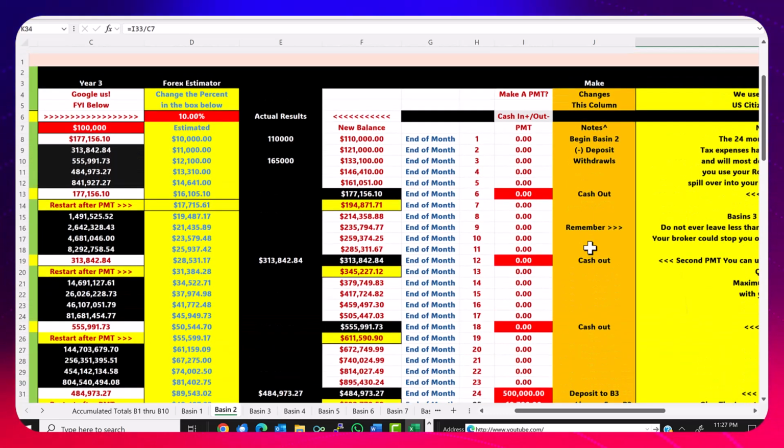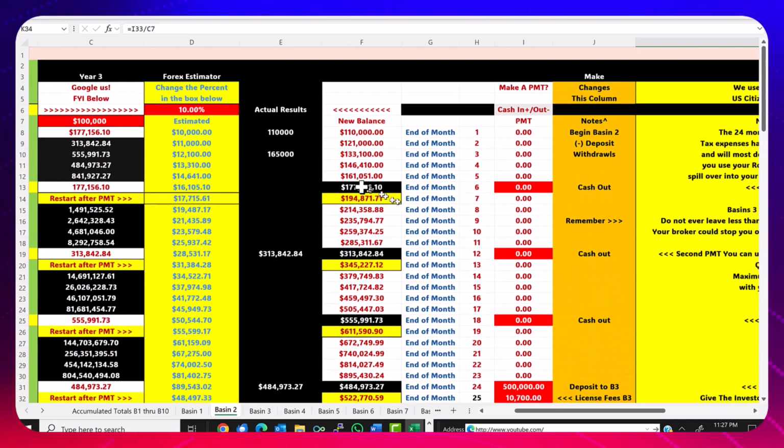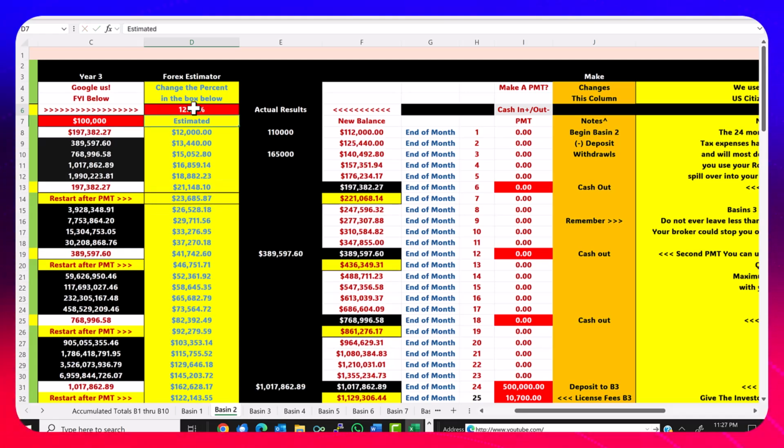So let's take a look at this one more time here. 165, so we just need to bump this up a bit. 165 is a 10, so let's try 12. 165. So it's at 13%. So, can't do that. I don't know, it was in that cell. Do you remember?